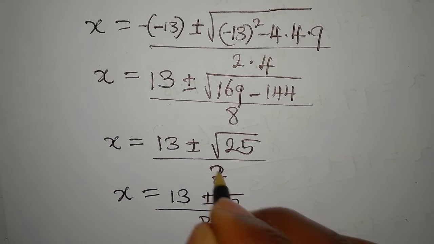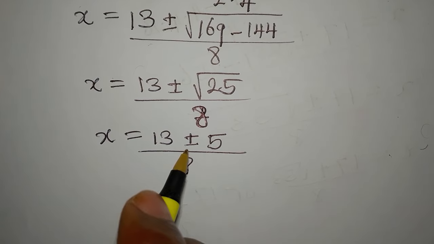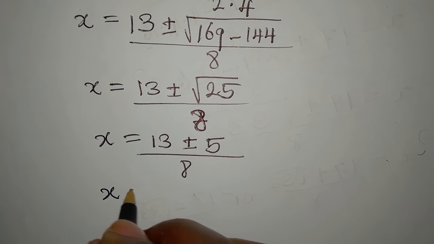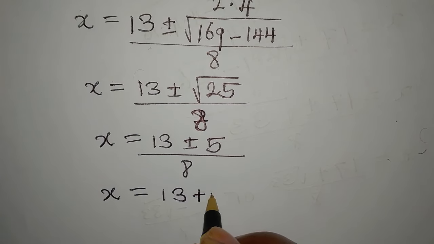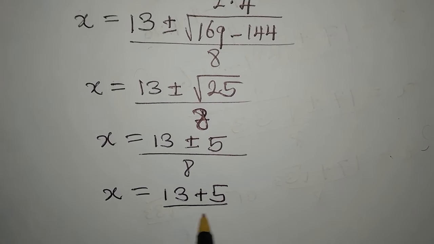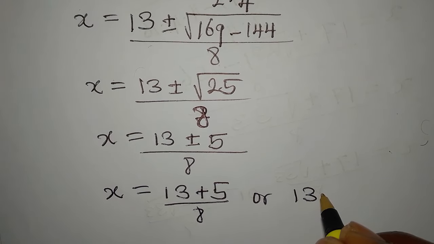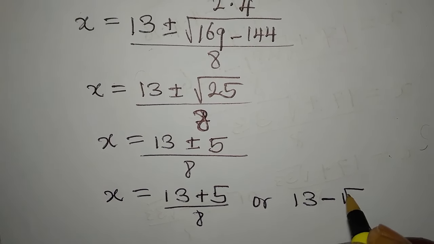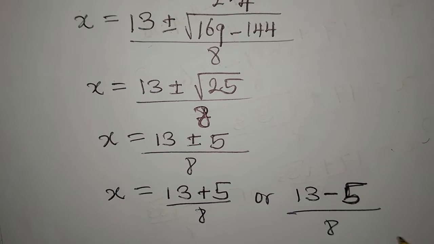This is supposed to be 8 and not 2. Now this is 2 in 1, so we can break it and get 13 plus 5 over 8, or 13 minus 5. Okay, this is 5. Then we have over 8.